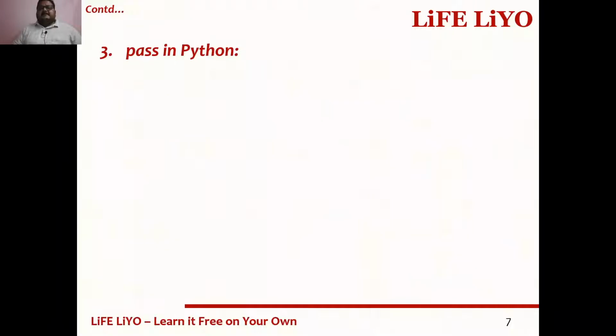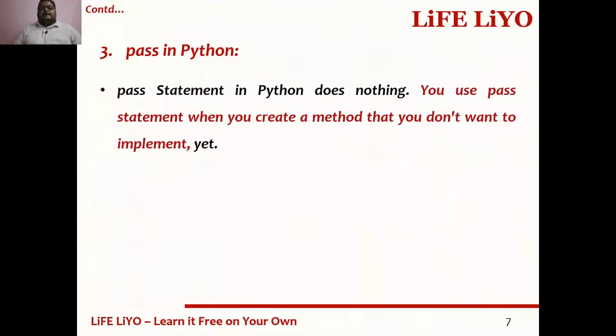Next, pass. In simple terms, pass means a null statement. Pass means a null statement which does nothing in Python. Then what is the purpose of this pass? Whenever we are using user defined functions in Python, if you define a user defined function but you don't want to implement it right now, then you can use this pass.